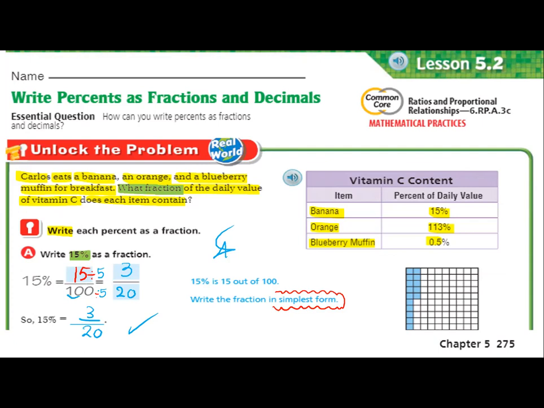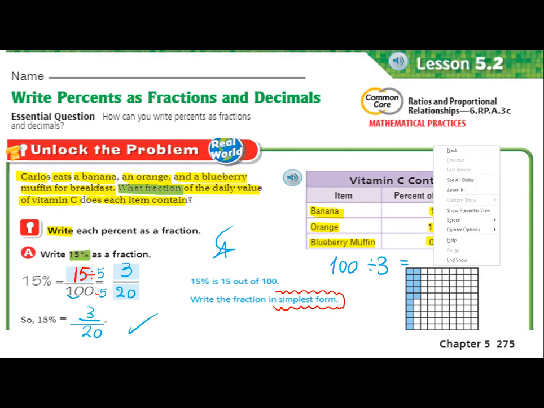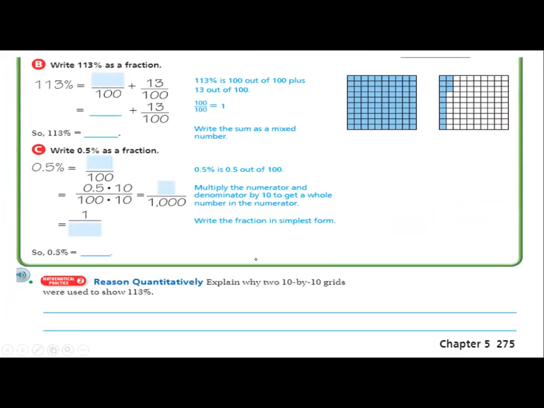You said 100 divided by 3 equals 25. Am I right? No, this is the wrong answer. You divided by 4 to get 25. But here, 100 is not divisible by 3.